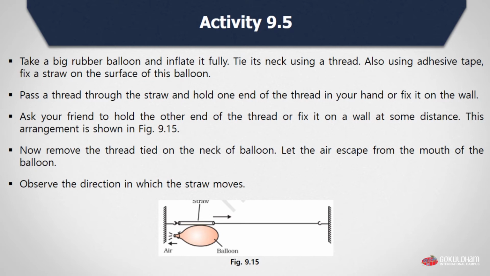Ask your friend to hold the other end of the thread or also fix that end on the wall at some distance. This arrangement is shown in figure 9.15. Now remove the thread that is tied on the neck of the balloon, let the air escape from the mouth of the balloon, and observe the direction in which the straw moves.